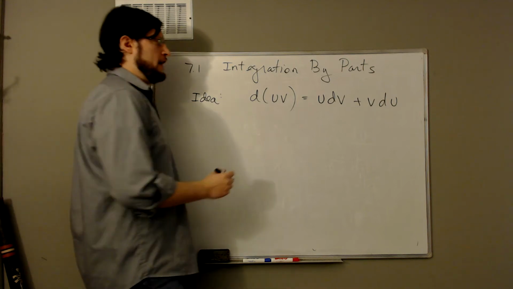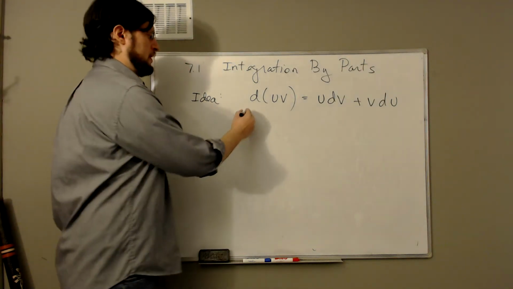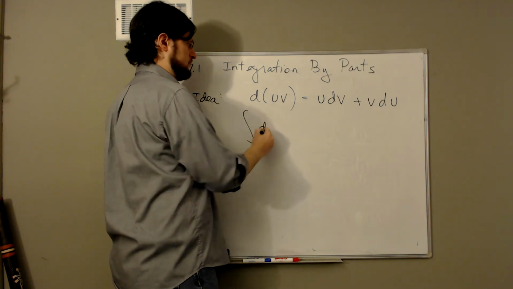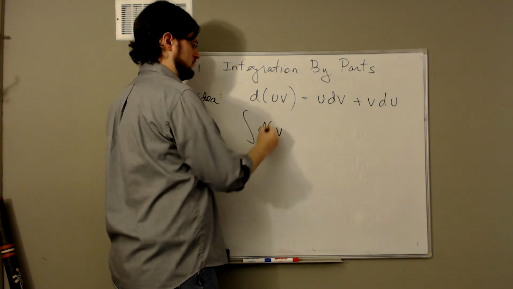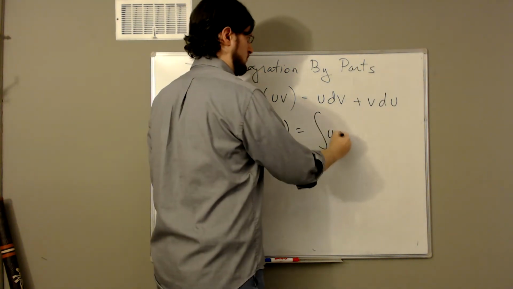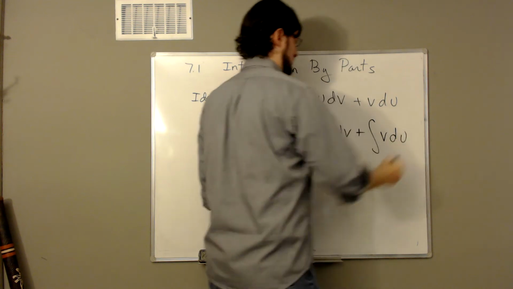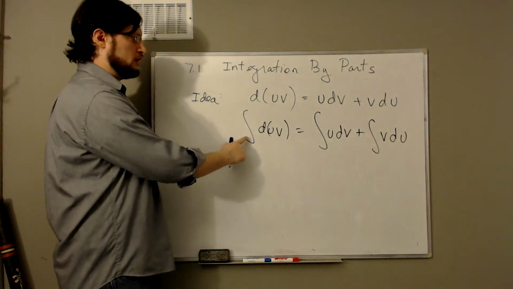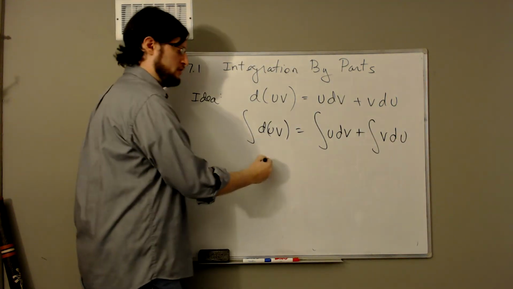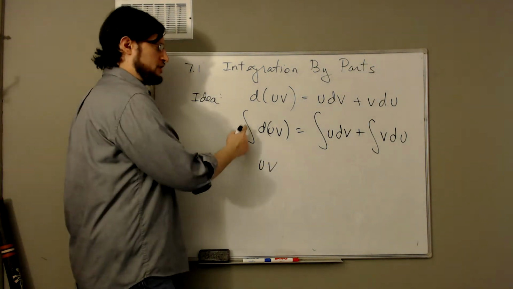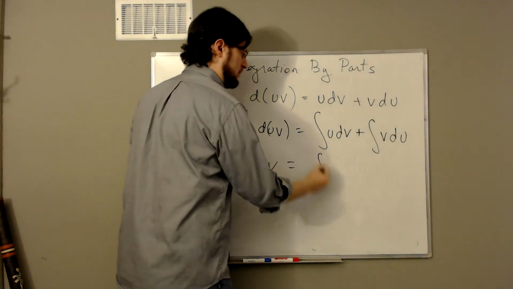All right, now what we're going to do is apply this funny sort of trick and take the integral of both sides. But the integral of the derivative gets us back to where we started. If I anti-differentiate a derivative, I get back to where we started.